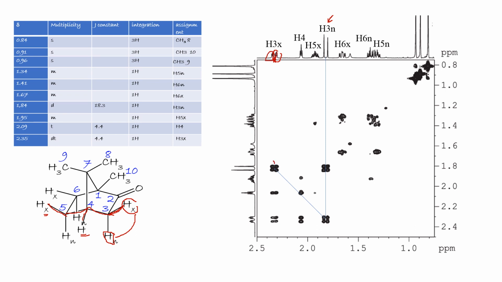Okay, H3X should be coupled, as we mentioned, with H4. Yes, so here is H4, this one, and H4 should be coupled to H5X. Yes, H5X should be coupled to H6N and 5N. Yes, okay, and 6N and 5N are coupled.